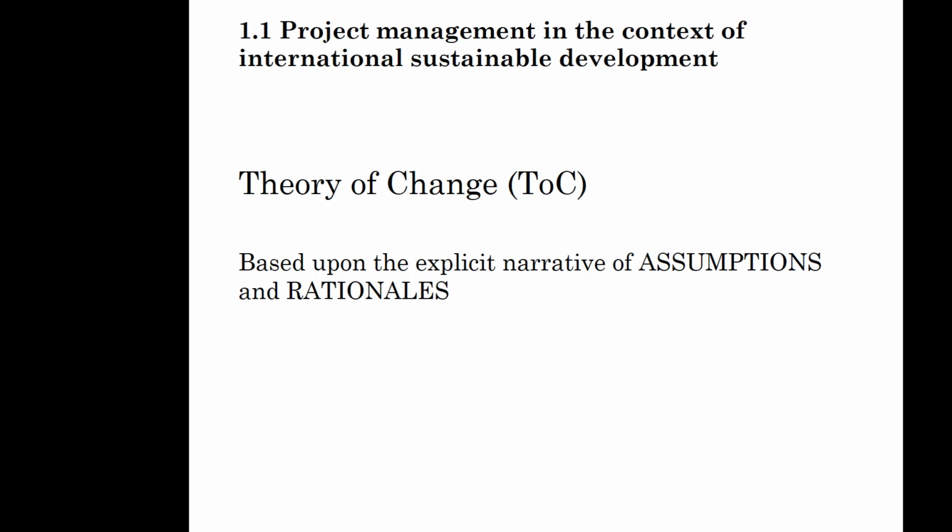So they are necessary conditions that must exist if the relationships in the theory of change that you are drawing are to behave as expected. Rationales explain the underlying logic of the theory of change. They provide evidence about why outcomes are necessary preconditions to outcomes above them.